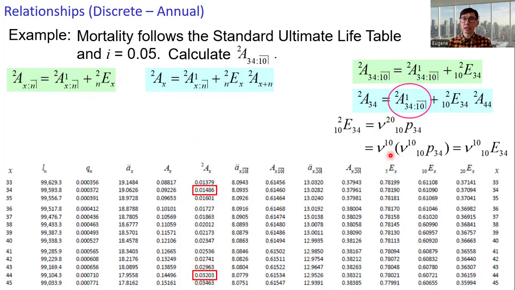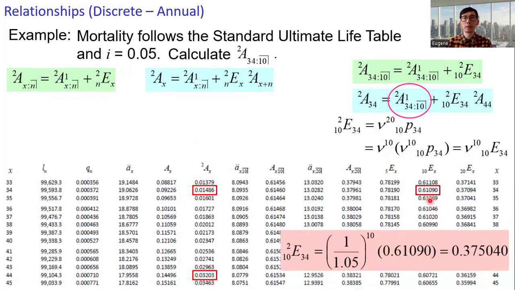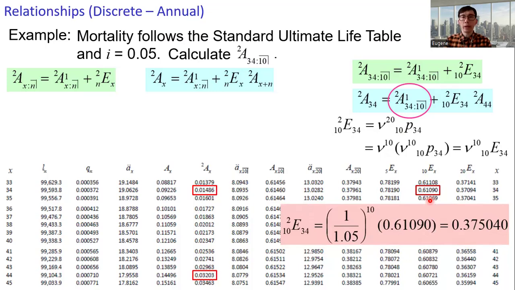And then we get an expression, v^10 times 10E34, and we can get 10E34 from this column. And therefore, we can get the pre-superscript 2 10E34, which equals 0.375.